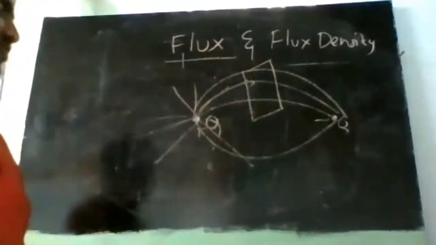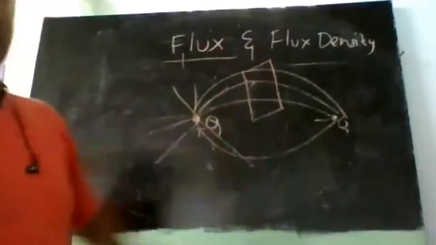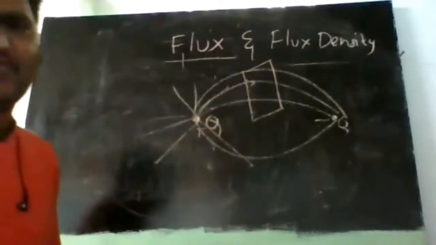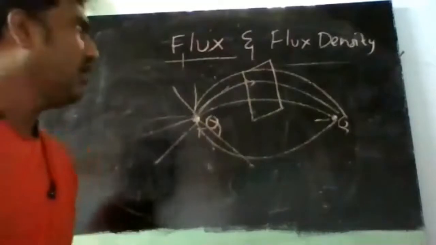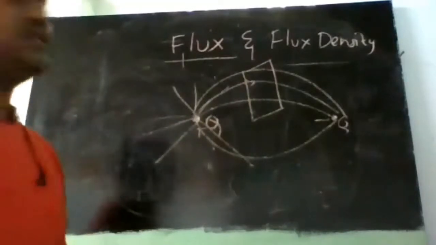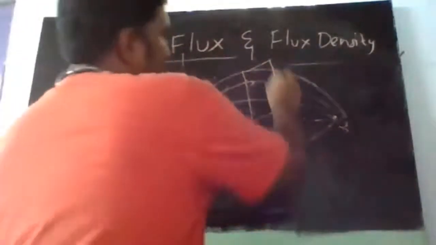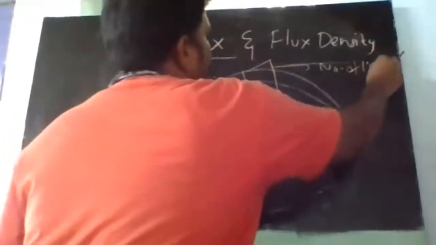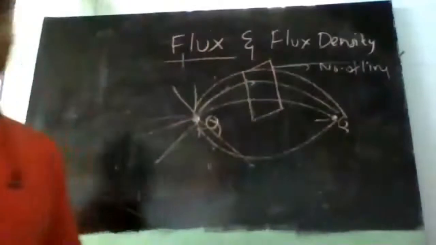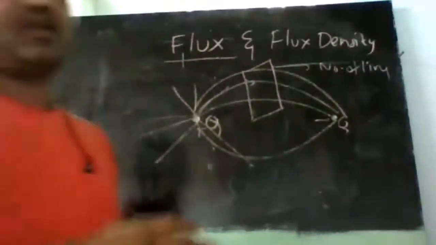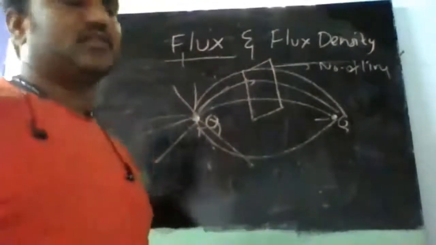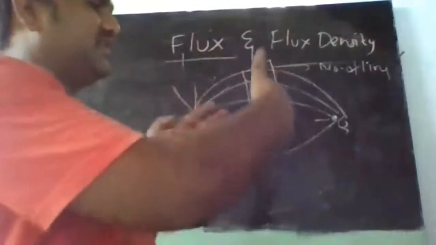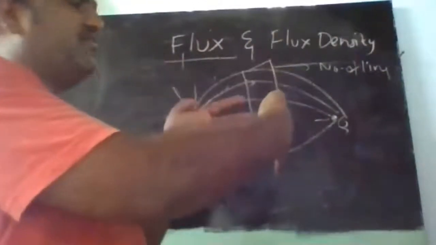So I am considering a surface normal to the flux lines. Right now I am calculating the number of lines passing through this surface in the normal direction, not in all directions. This is the normal surface, and these are the flux lines.